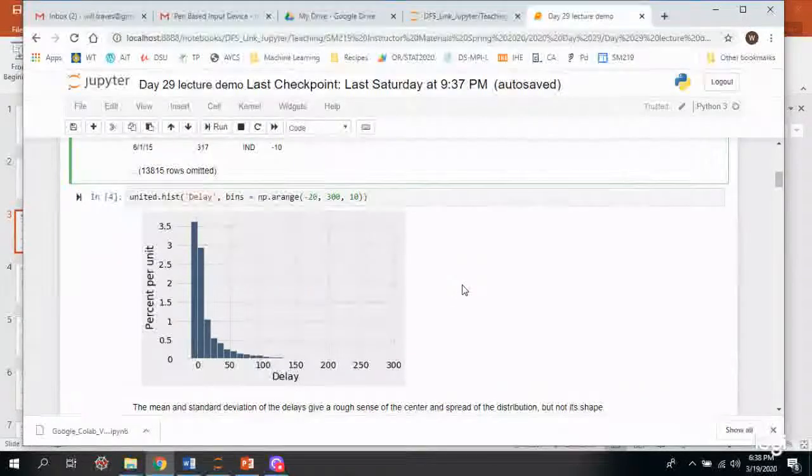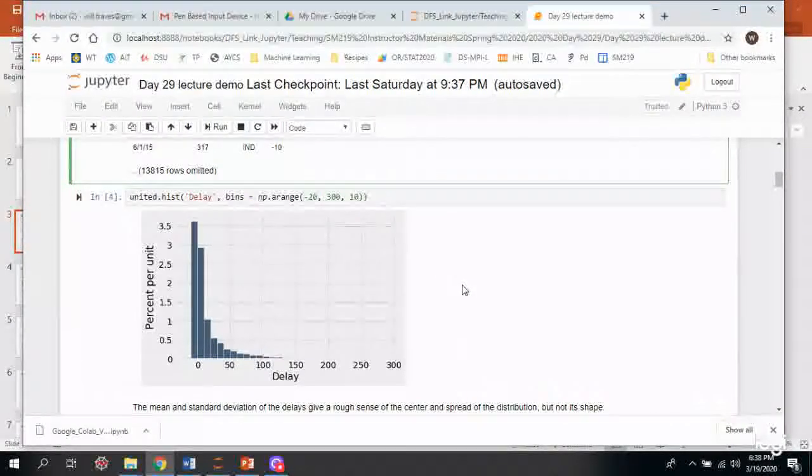Here's a histogram of the flight delays, and you can see this histogram is not bell-shaped. It's far from bell-shaped. It's got a very long right tail, so this is a highly skewed distribution. All the same, the mean and the standard deviation of the delays give a rough sense of the center and the spread of the distribution.